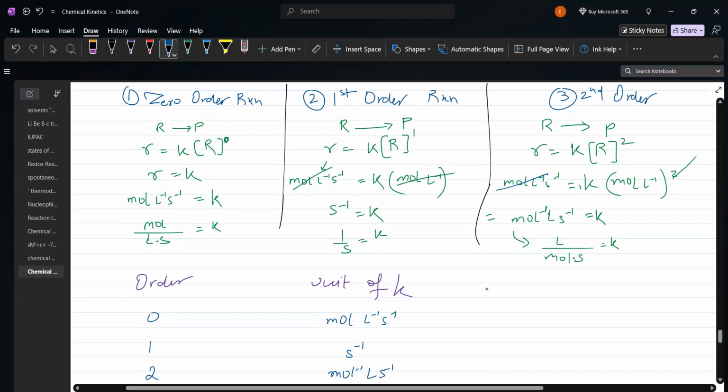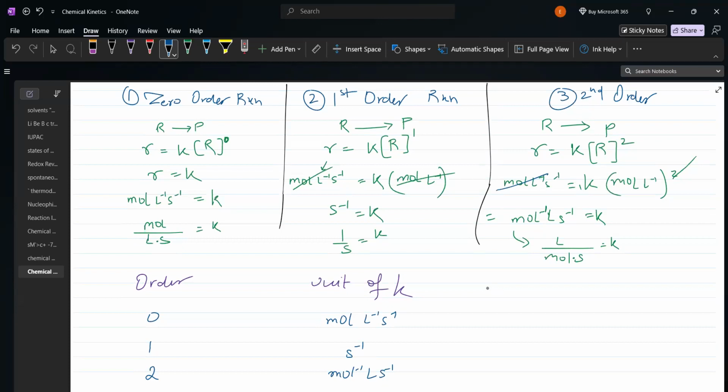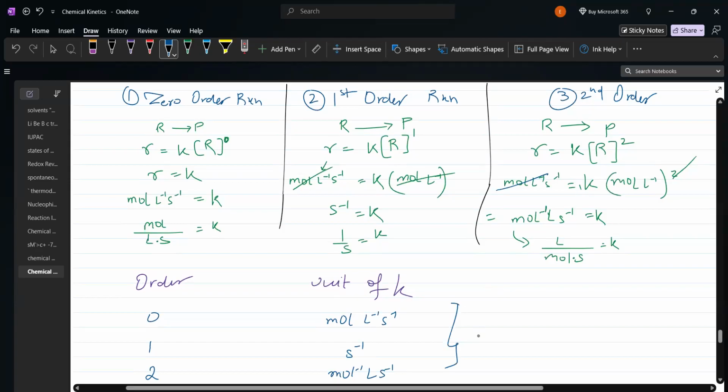That is it. Directly use this trick to comment on the order of reaction.